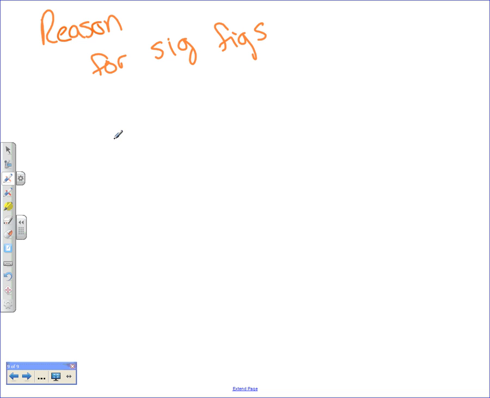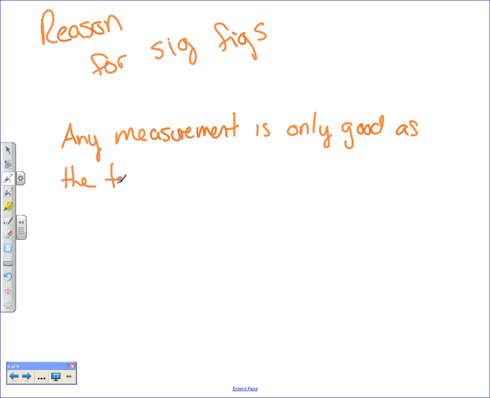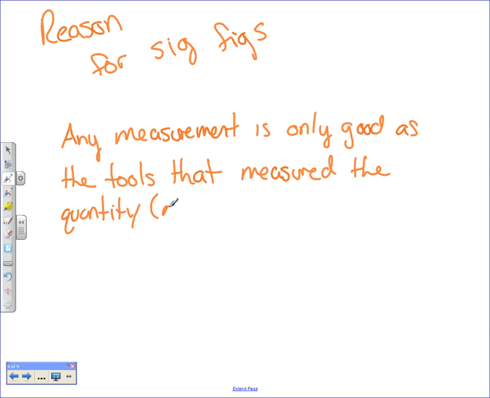Okay, first of all, any measurement is only as good as the tools that measured the quantity.